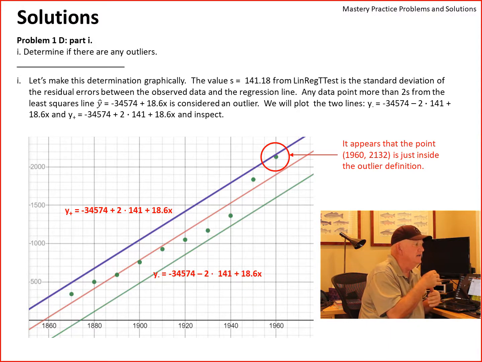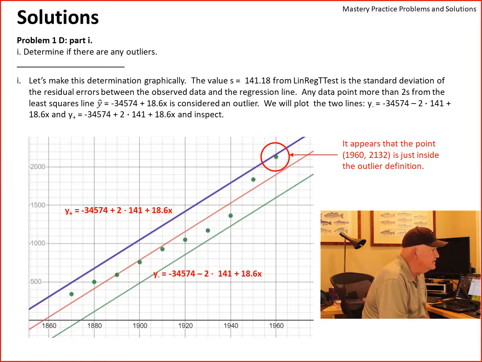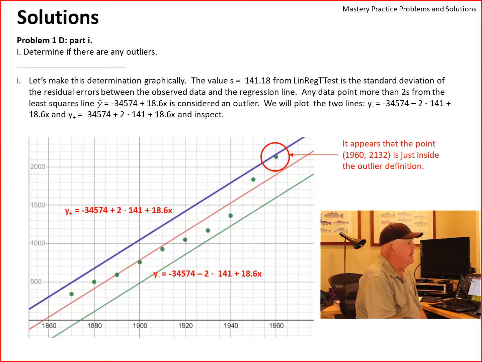So that line is y equals minus 3457.4 plus 18.6 times x. If I want to raise every point up by 2s, and s is 141, I have to essentially add 282 to the right-hand side of the equation.